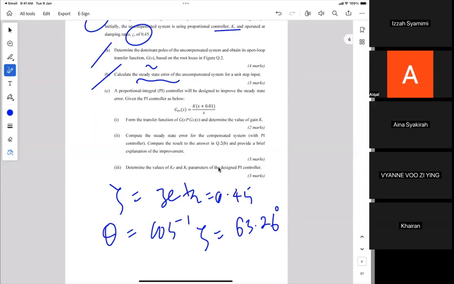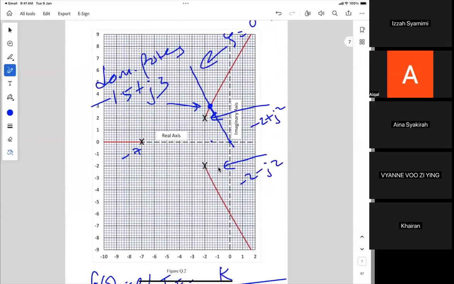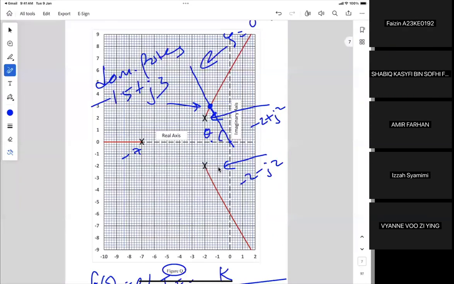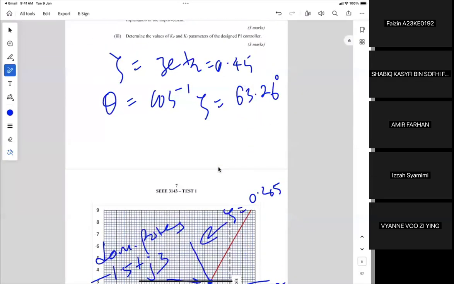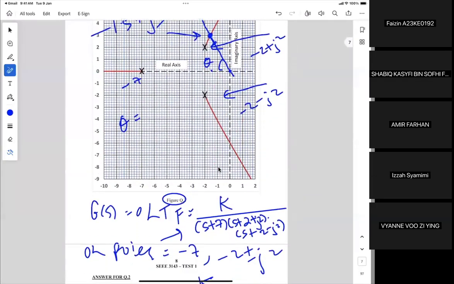PI controller. Doctor, how to find the dominant pole again? How to find the dominant pole from the graph given, brother? From the graph given, figure Q2, use your protractor to draw the theta. Theta is 63.26.